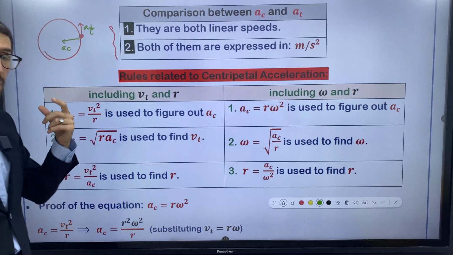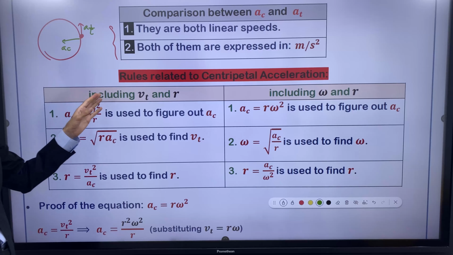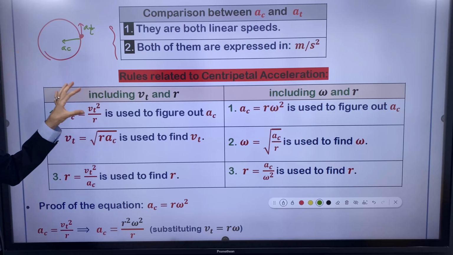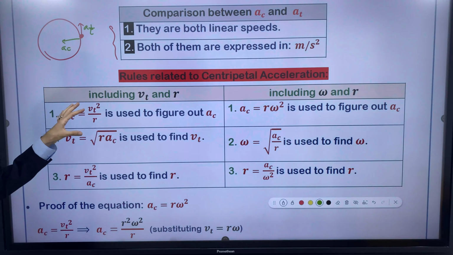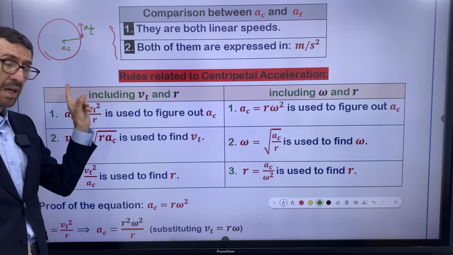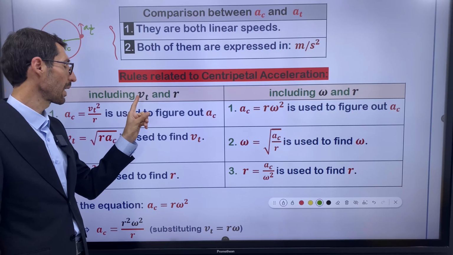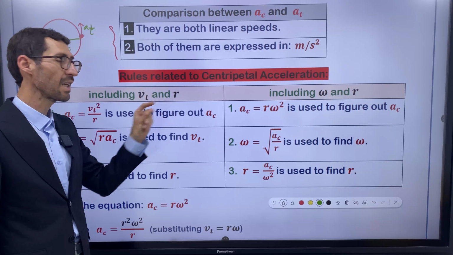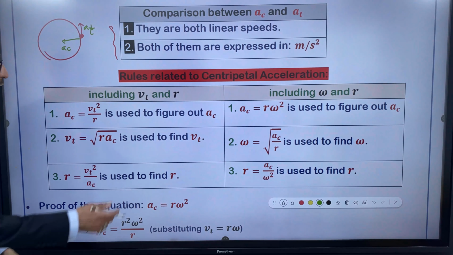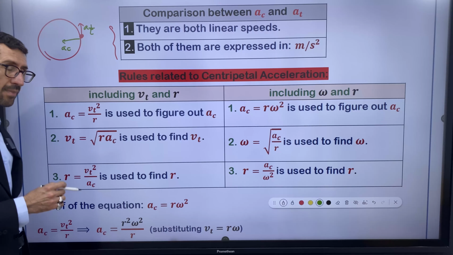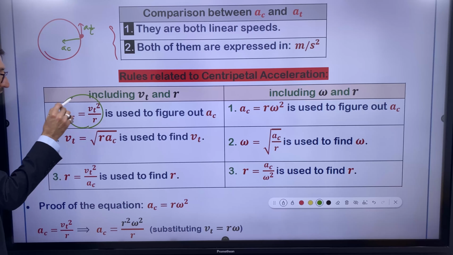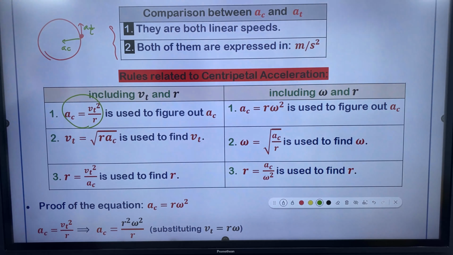The left part of the table focuses on the rules that include VT and R. For example, AC is equal to VT squared over R. This is the main rule of centripetal acceleration.